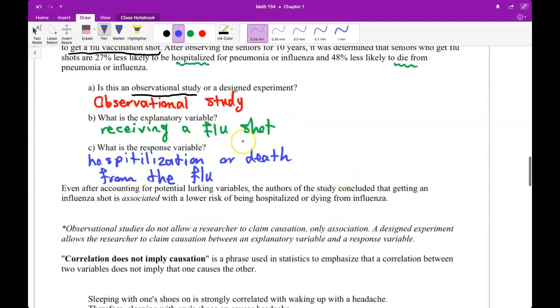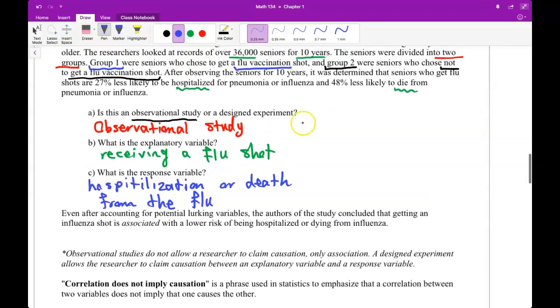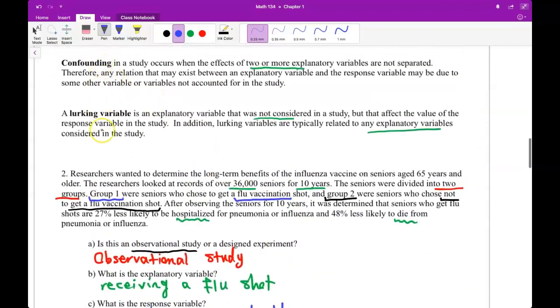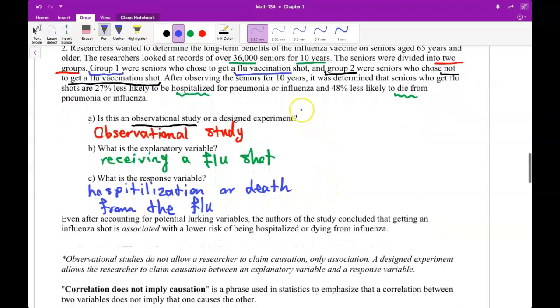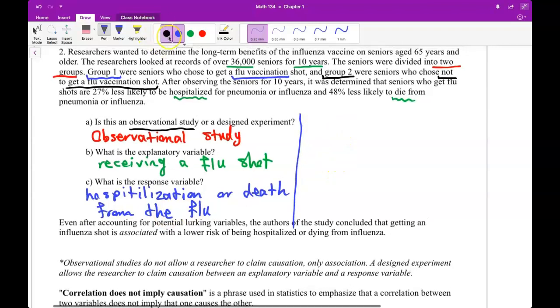Okay, here they didn't ask us, but let's work on finding confounding and lurking variables, because here we have confounding and lurking variables. Let's find other reasons that they may have for this response, this outcome. Okay, first, confounding.